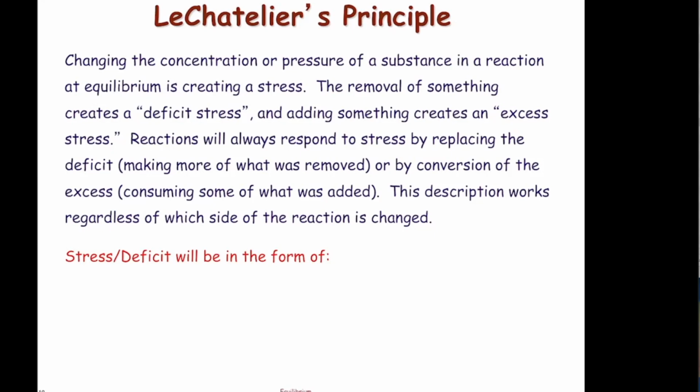It will self-adjust until a new equilibrium occurs. And guess what? When that new equilibrium occurs, the concentrations will have manipulated themselves so that the products over reactants is equal to the same equilibrium constant as previously, before it was disturbed.